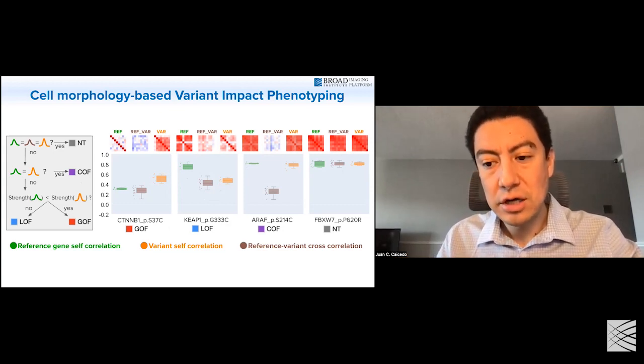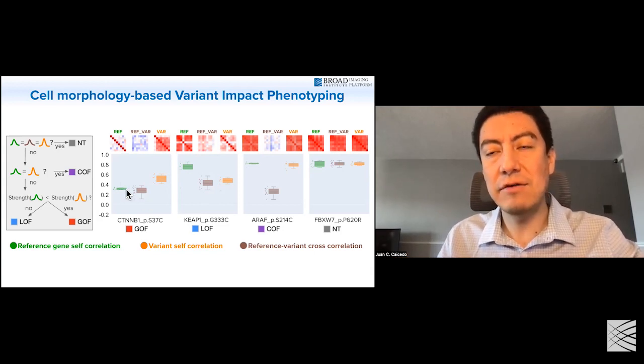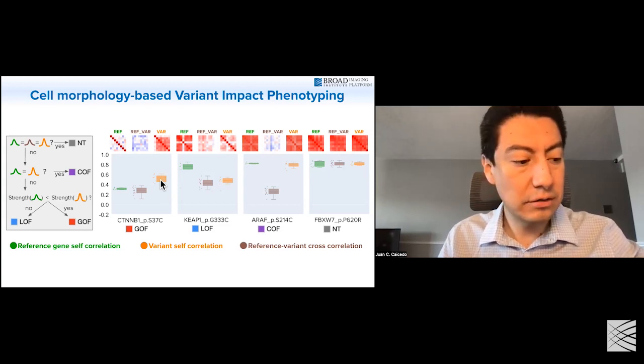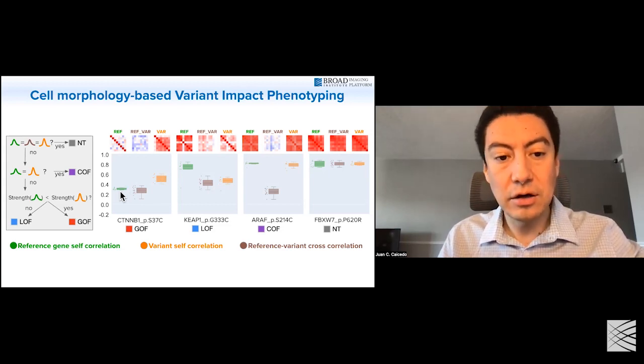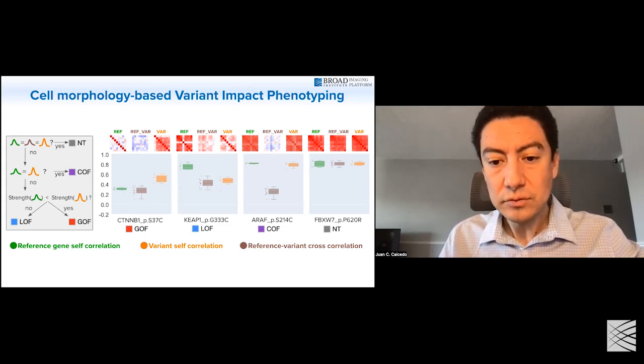function mutation. We can see gain of function mutations when the reference gene doesn't have a strong phenotype, but then the morphology of the variant becomes more different or stronger than the original phenotype of the reference. And that indicates a gain of function mutation as well.